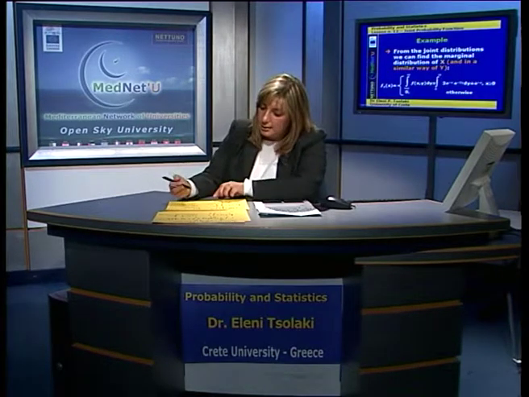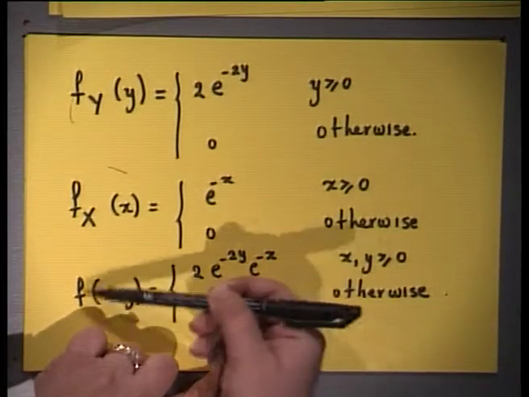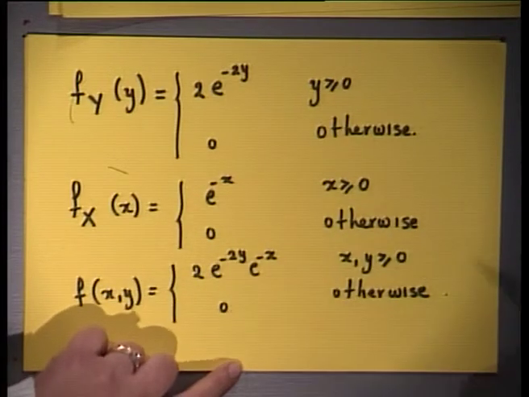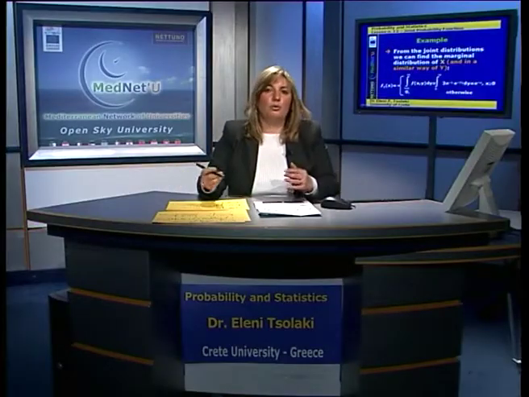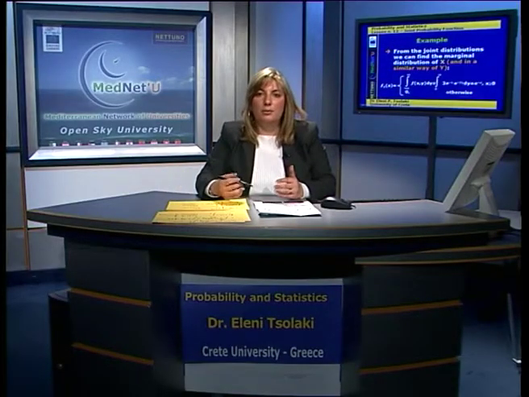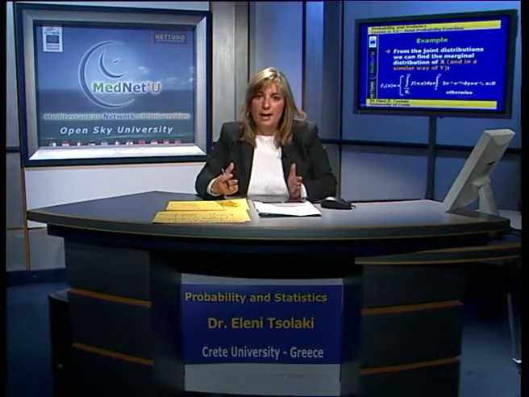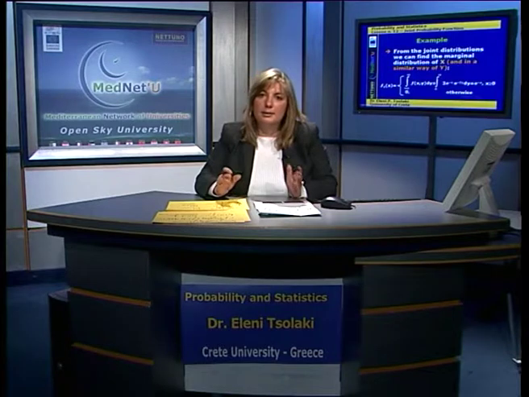Then, in the example we have, the joint probability function will be 0. So, what we have shown here is that the continuous variables x and y for this example are independent.